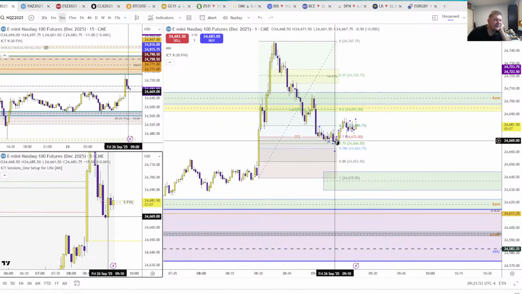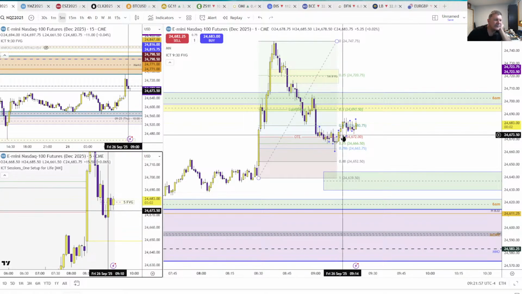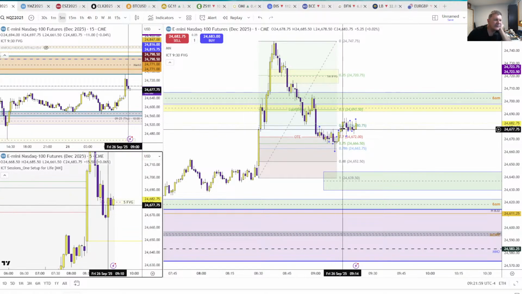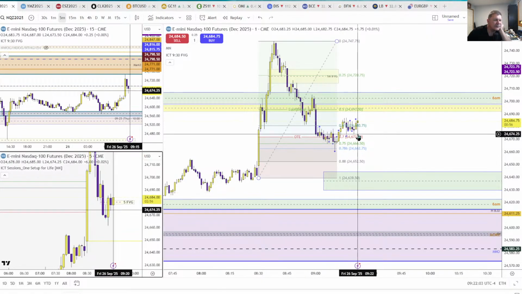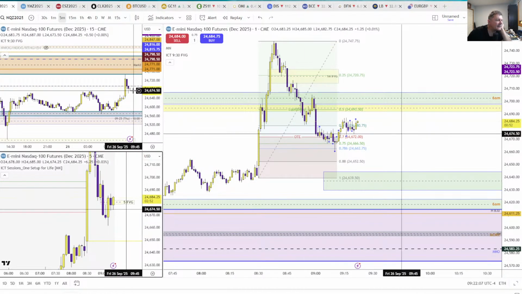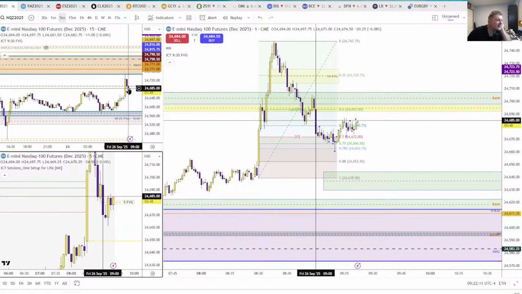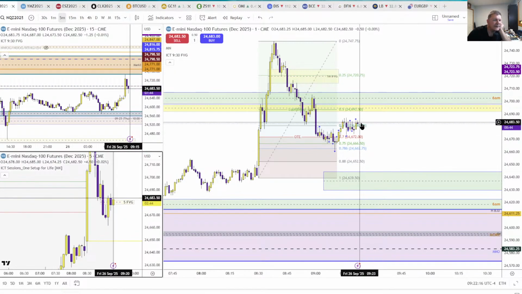We have a slight turn on a 1 minute chart. We found support off this candle's mean threshold. We traded above it. We've come back into the mean threshold. You want to see this hold and keep pushing higher. It's mean threshold, or consequent encroachment of this wick, to hold and keep pushing higher.